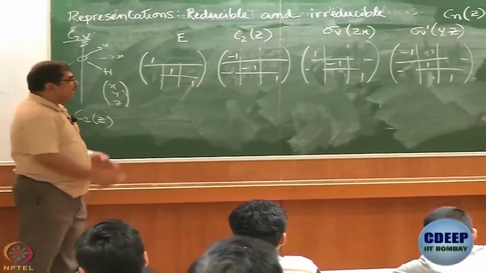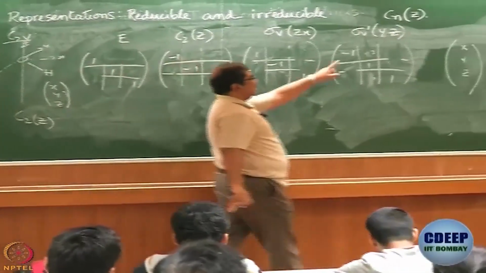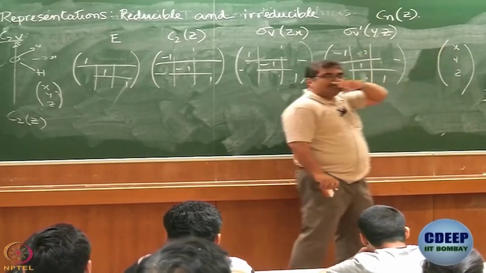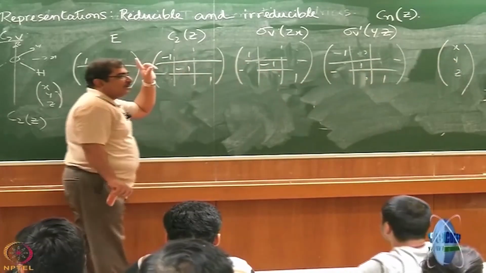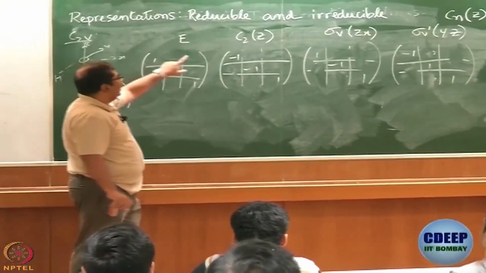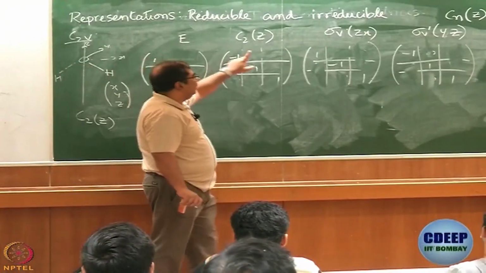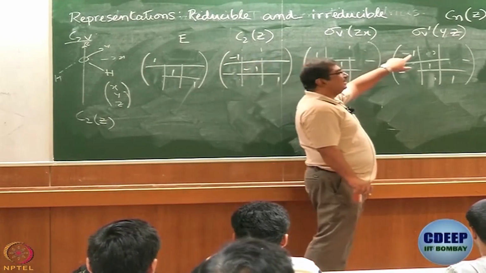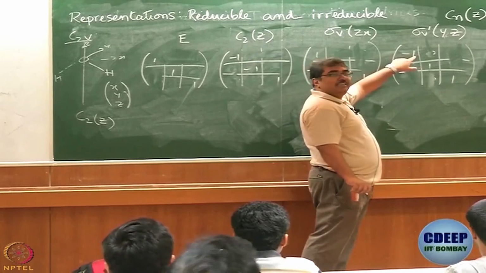Okay. Now, see, think about x. How does x transform with each symmetry operation? It is symmetric with respect to E, antisymmetric with respect to C2, symmetric with respect to sigma v (zx), antisymmetric with respect to sigma v dash (yz).